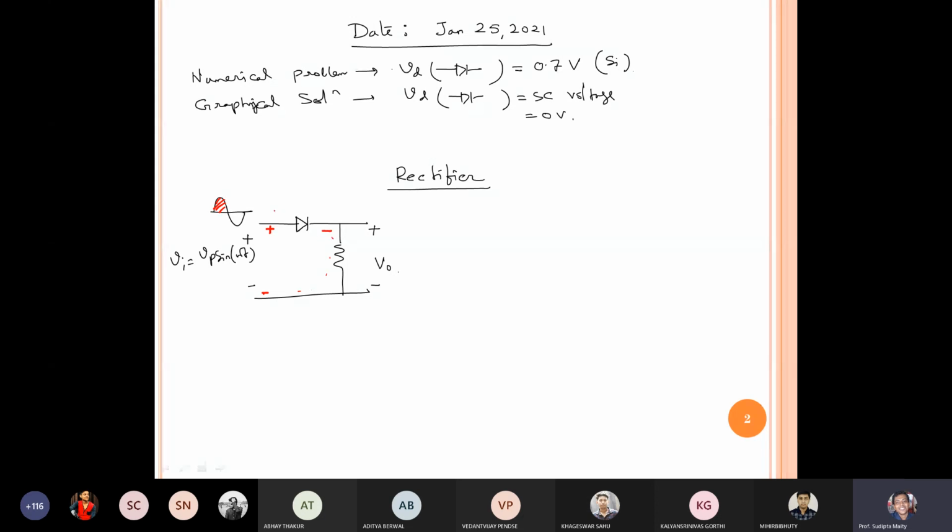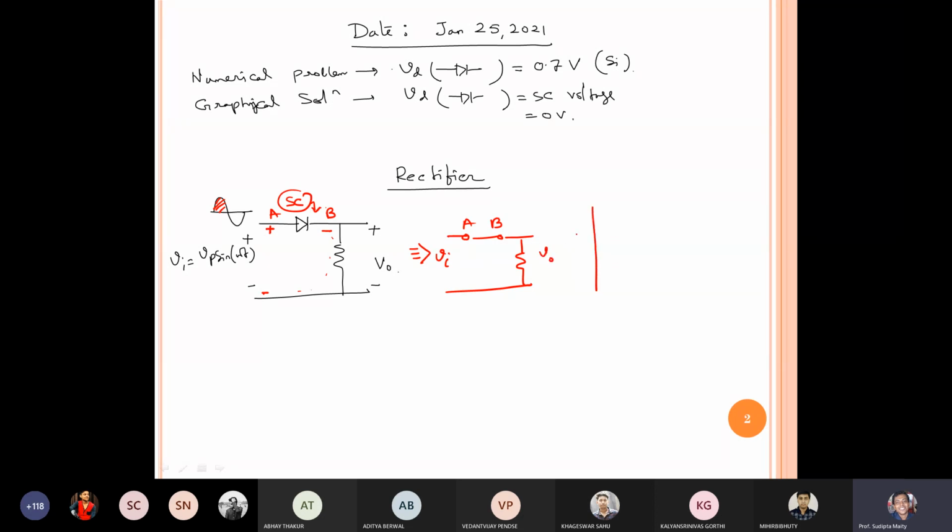So this diode will act as a short circuit. The equivalent circuit, suppose it is A and B junction, is a short circuit. So whatever voltage I apply as V in will appear as V naught.